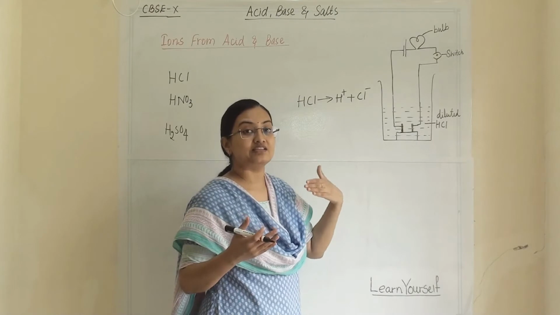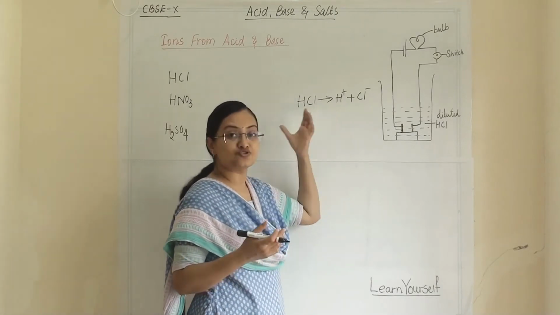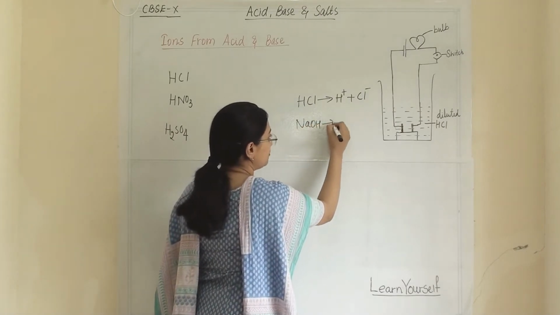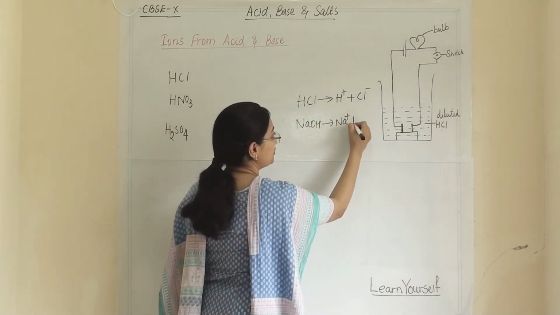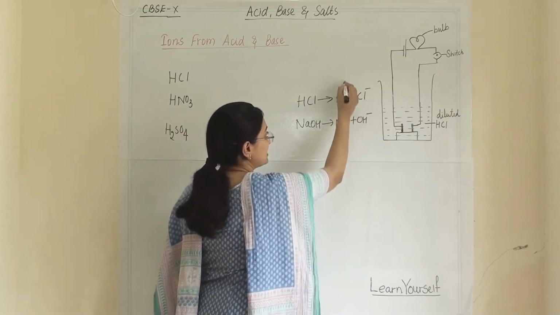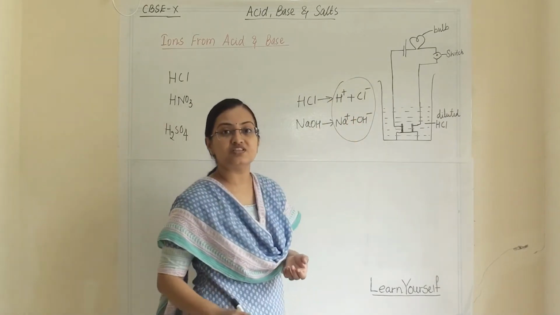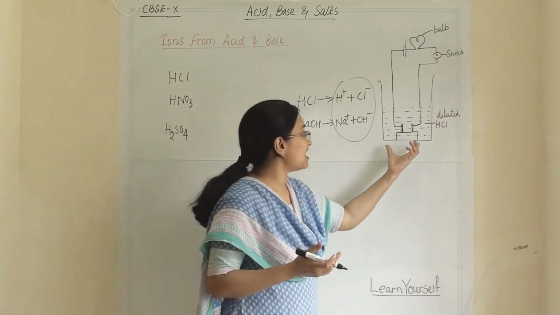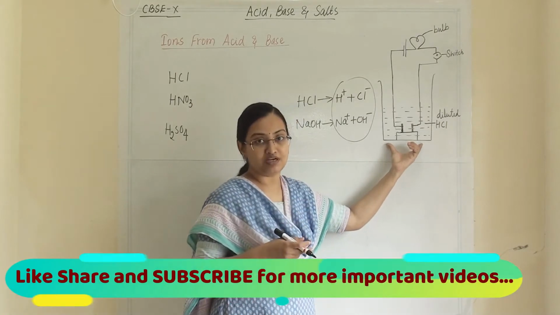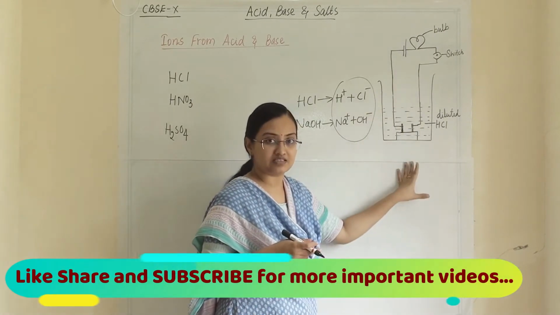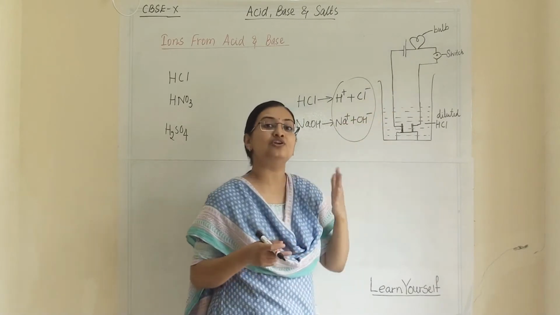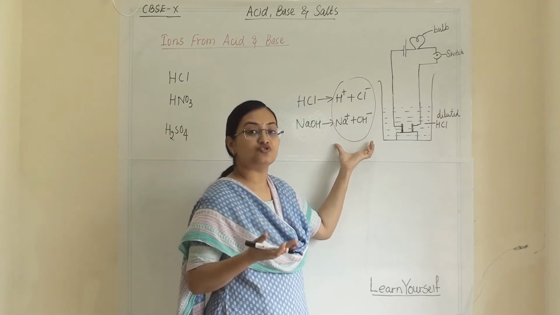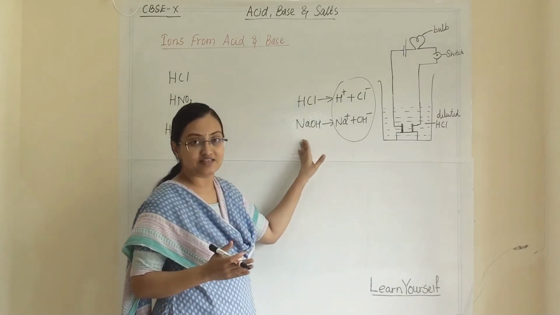So if we are getting ions like this in case of acid and base, for example, if we are taking NaOH, then the dissociation product will be Na plus and OH minus. These ions are responsible for passage of electricity. If those ions are absent in this electrolytic medium, then electricity will not pass, and as a result our bulb will not glow. So we need dissociated ions, which we are always getting from acid or base.